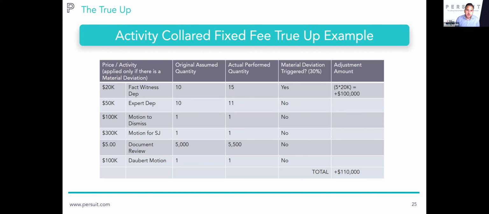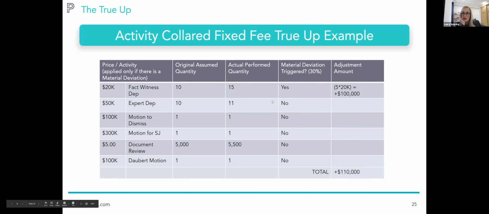Laura, do you want to talk a little bit about how you should go about tracking an activity-based AFA later on? Do you go back and do shadow billing and look at the hourly bills to figure out how to adjust it with an activity caller? I know we've already talked about it a little bit, but. Yeah, you can do it at the phase level.